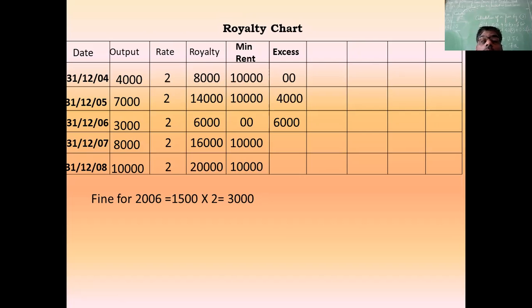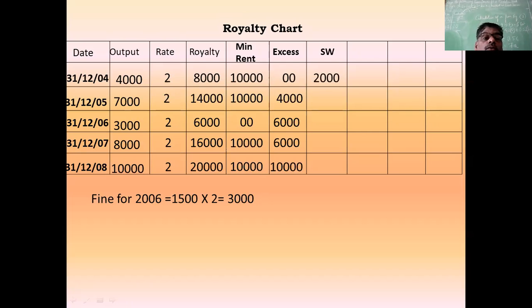Remember this point. There is no minimum rent. 6,000 is the excess amount. First year no excess, second year 4,000, third year 6,000 excess, and fourth year 6,000 excess. Last year 10,000 excess.